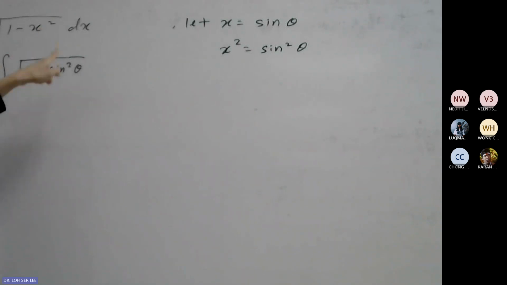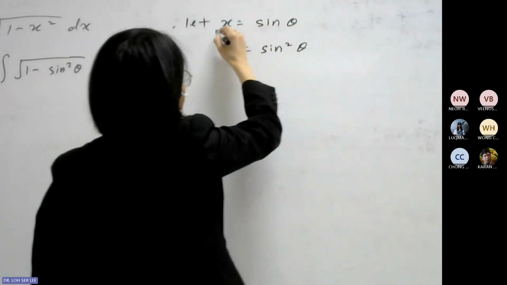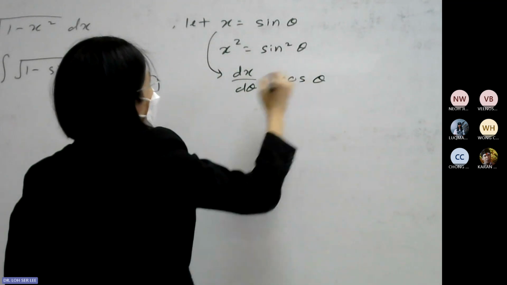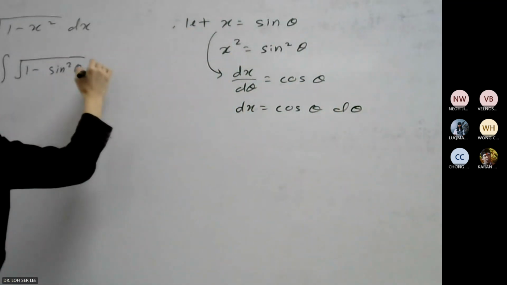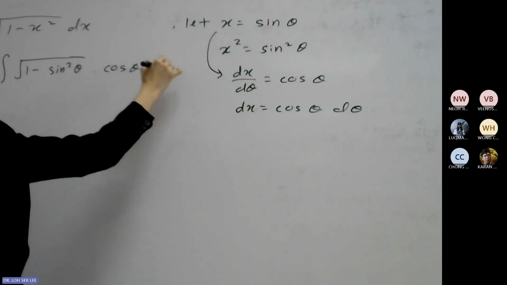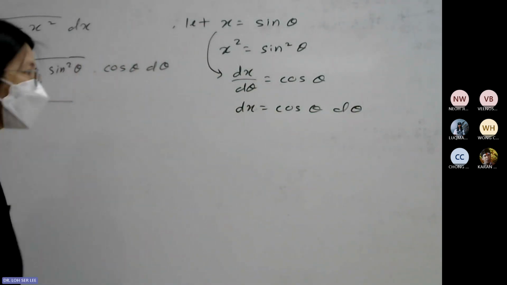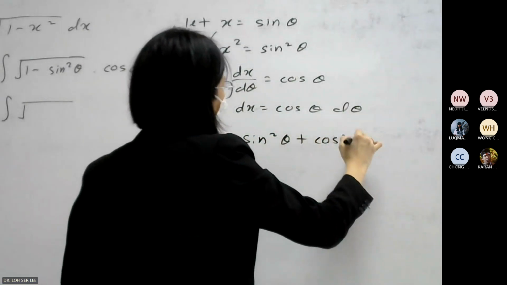So x changes into theta, and we want dx. The derivative of sine theta with respect to theta is cos theta. So dx is cos theta d theta. Then 1 minus sine squared, use this identity.